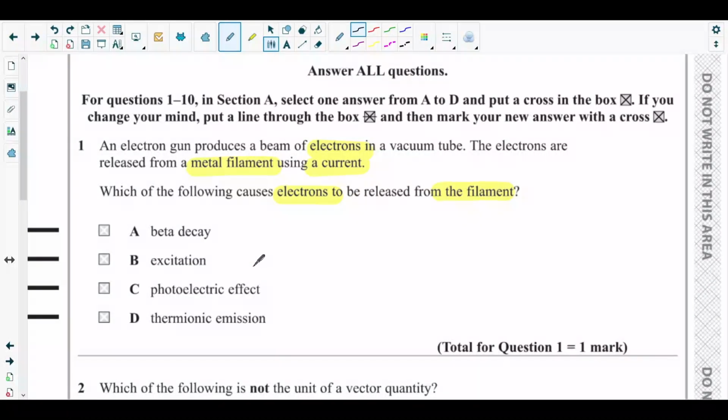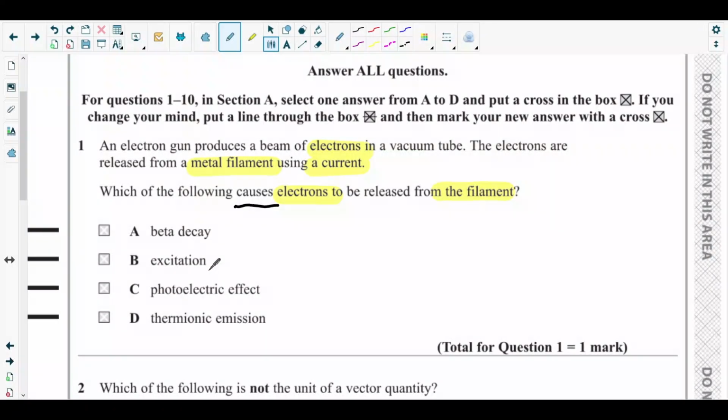So which of the following causes electrons to get released? The first option says beta decay. Definitely this is not, because this is related to radiation and radioactivity. There's nothing in this question about release of electrons through radioactivity or radiation.